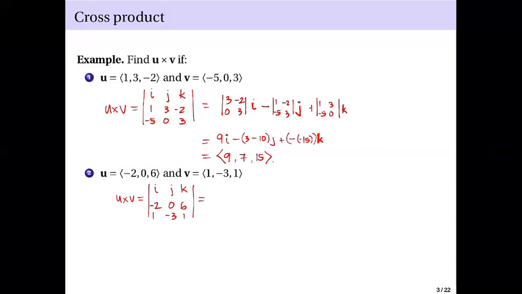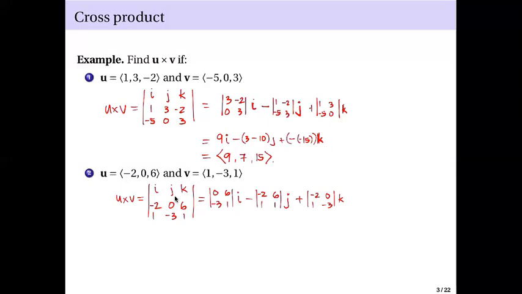So in here, I will have the determinant of 0, 6, negative 3, 1, and then you have your i. Then minus the determinant of negative 2, 6, 1, 1, and then you have your j, plus the determinant of negative 2, 0, 1, negative 3, and then you have your k.